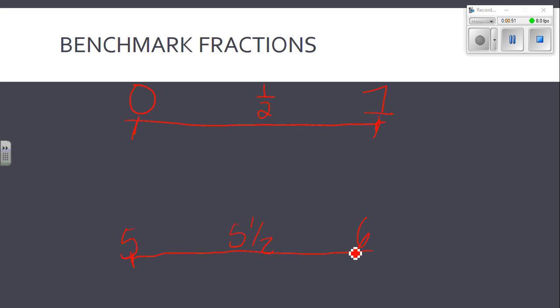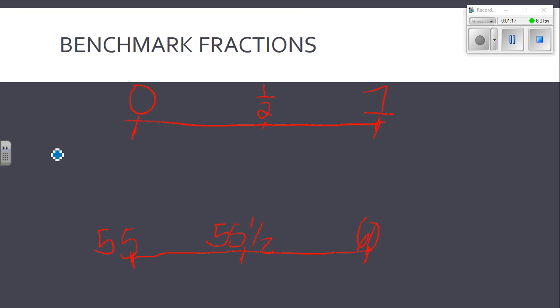It could be represented by anything. We could change this to 55, 55.5, 60. But we have to figure out where along our number line, I'm going to change colors so we see, a fraction belongs. So that helps us realize whether we need to round to the 0, to the half, or the whole.